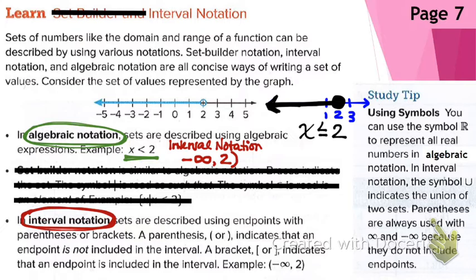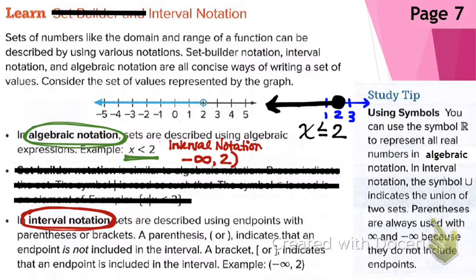I use a parenthesis by the 2. I need something on the other side. I said that we use a parenthesis when it's open. If I have the or equal to, if I have a filled in dot, that's when I use the square bracket.